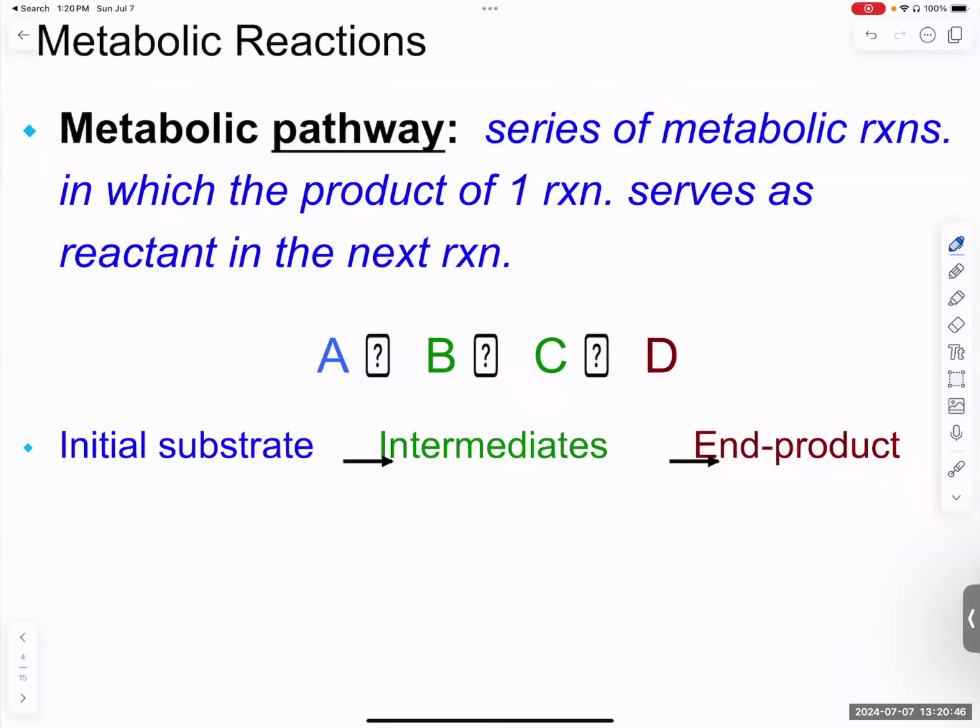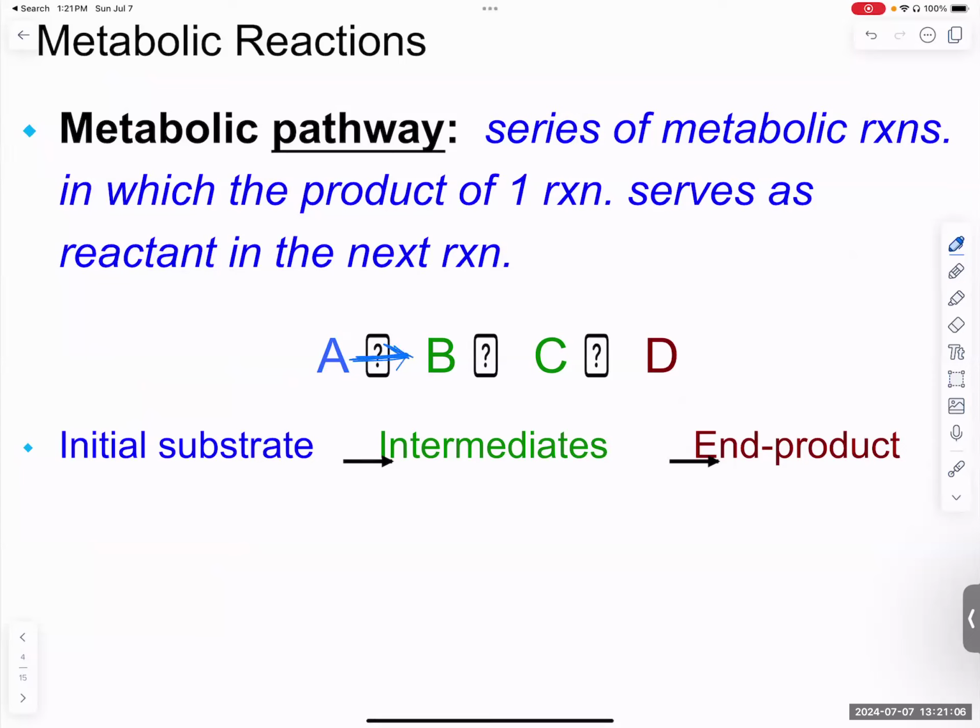And so these are called metabolic pathways. They're just series of metabolic reactions in which the product of one reaction serves as the reactant in the next. When I migrate my PowerPoints into Notability, it always ends up a little funky, so I'm going to draw this out for you, which would be an arrow.